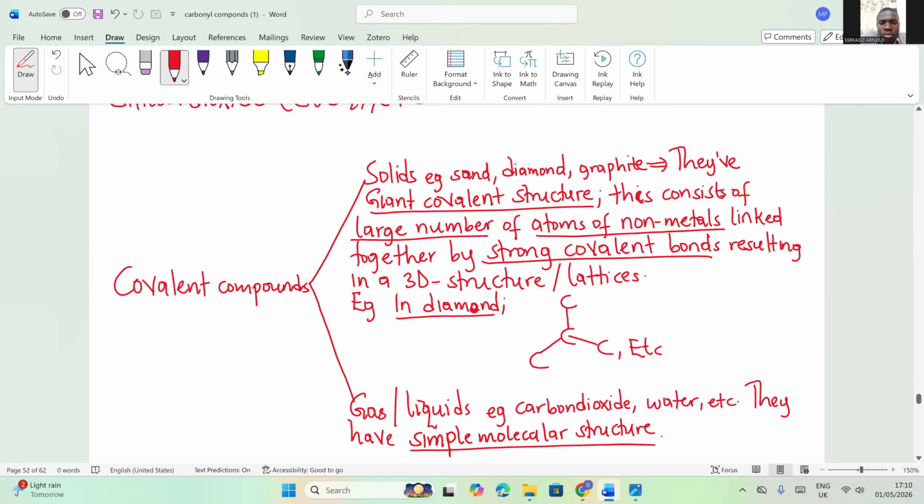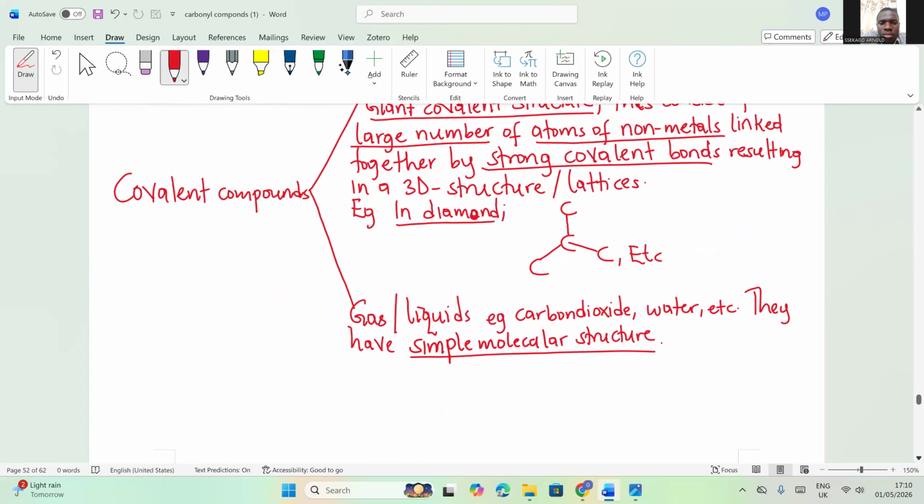There are very many atoms. This is just a model, etc. And those lines which you are seeing, these are the strong covalent bonds.